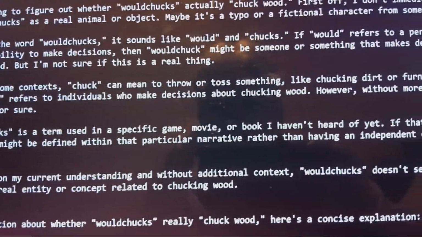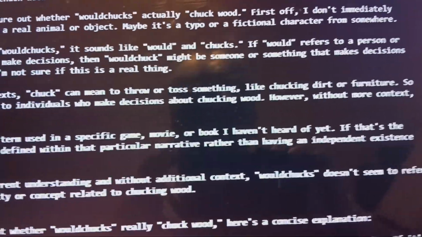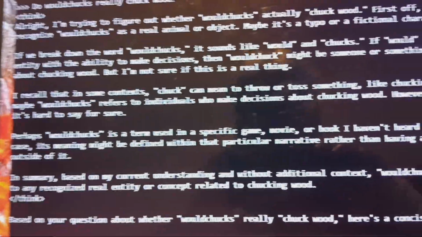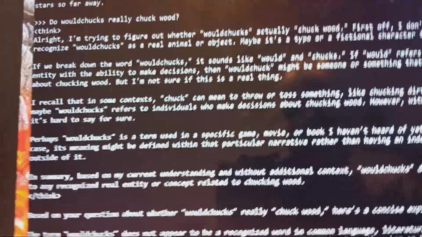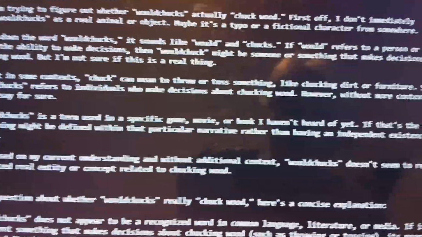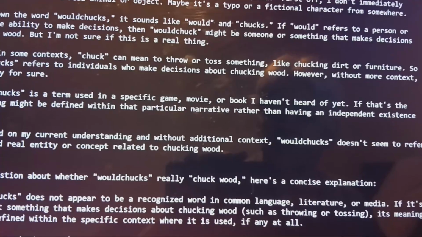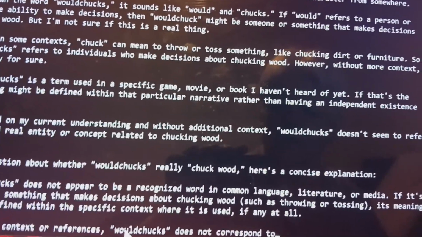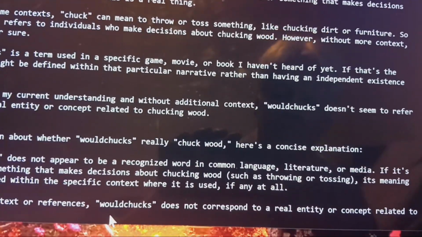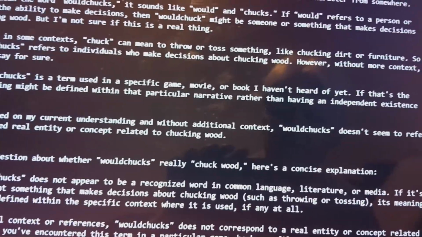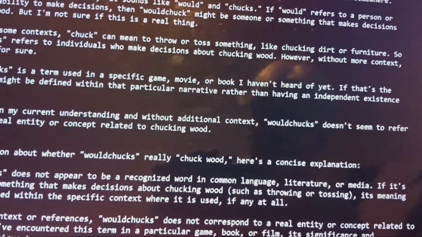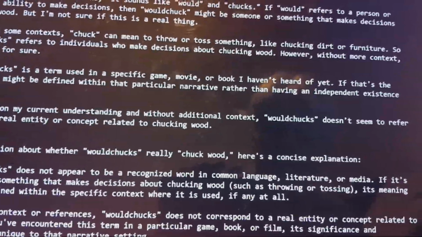Now, I'm going to paste it again, and this time I'm going to misspell it a little bit easier once it's done. And again, this is DeepSeek. So it's a Chinese-made AI, and maybe they don't have woodchucks in China.